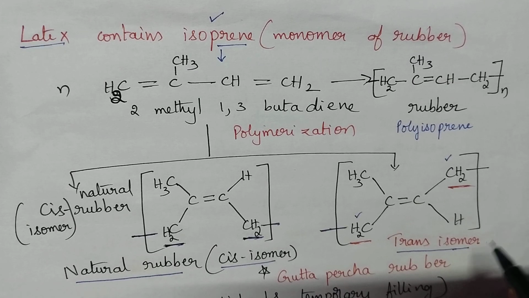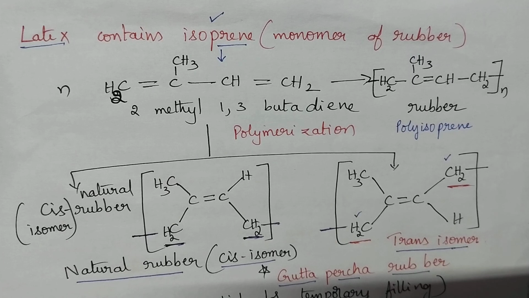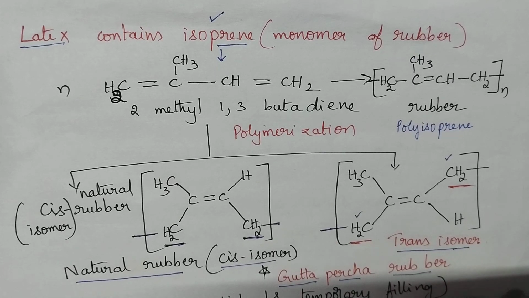Trans isomer is generally known as gutta-percha rubber. So what is the name of the trans isomer? It can be called gutta-percha rubber, and this is very important. Why? This gutta-percha rubber is used by dentists for temporary filling.